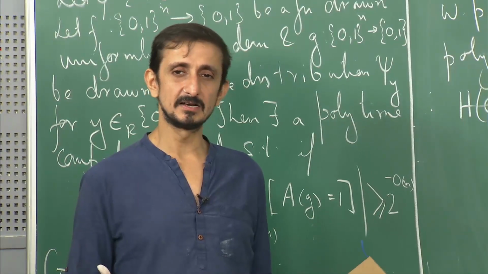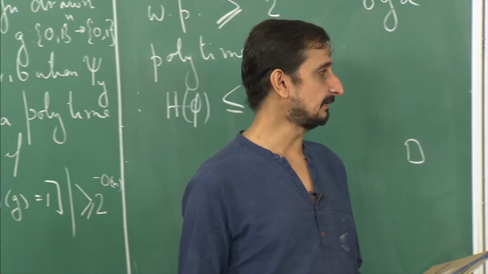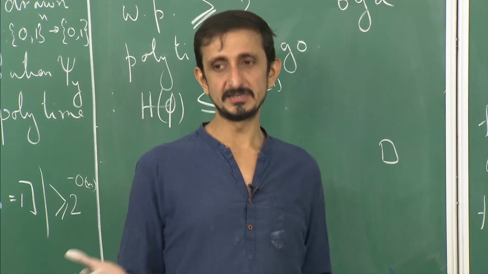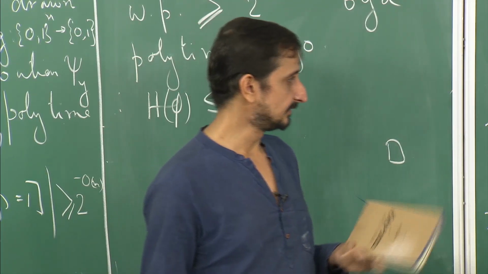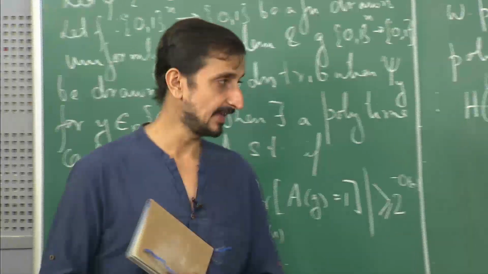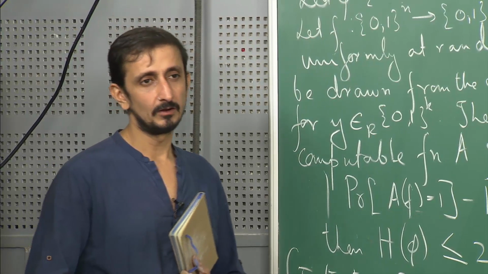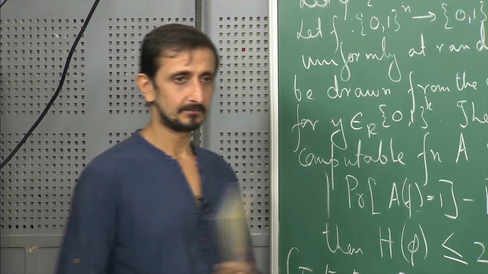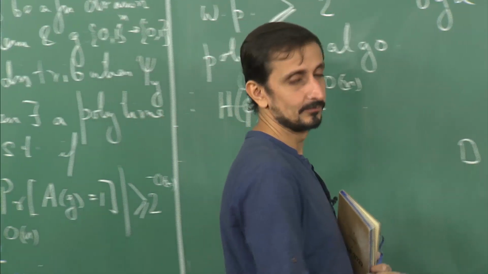All these results led researchers to believe that we can probably separate NP from P/poly, if not NP from P. But the natural proofs barrier due to Razborov and Rudich showed that any natural proof will most likely not work. So that is a very brief overview of what we have done.